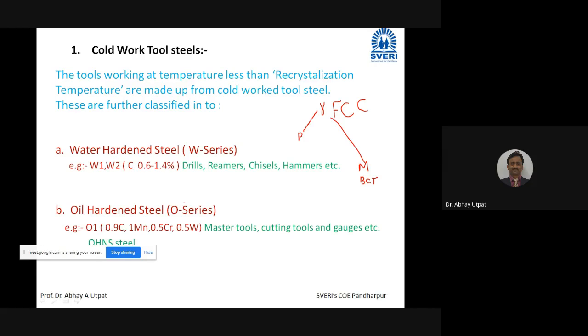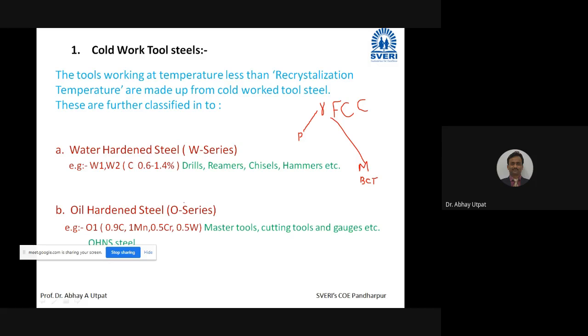There is a big series, but one or two you have to remember for writing in the exam. I have taken W1, W2, 0.6% carbon, range 0.6 to 1.4 is given. This is water hardened steel. Applications: drills, reamers, chisels, hammers are made by this water hardened steel.